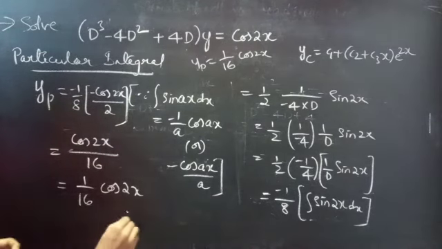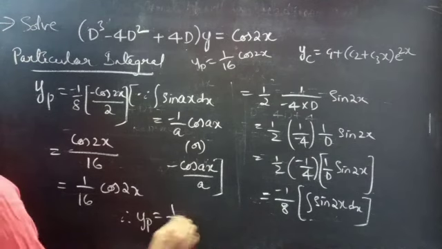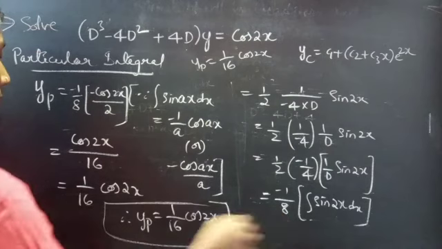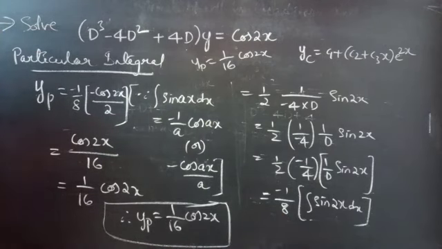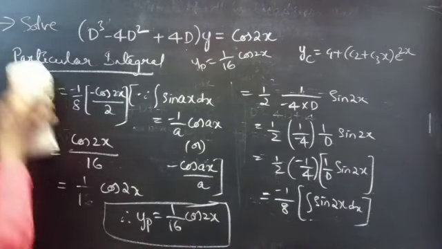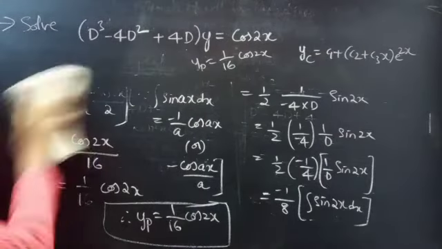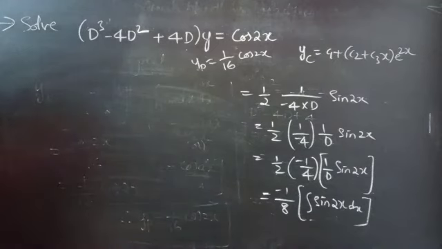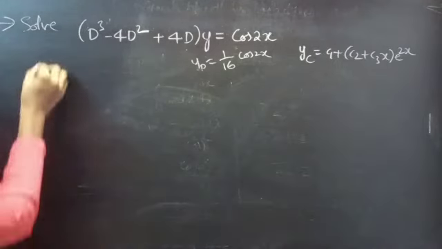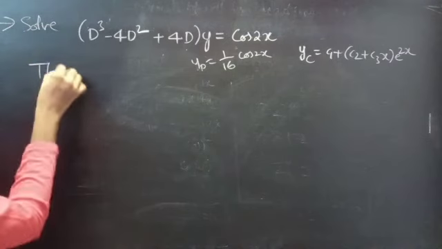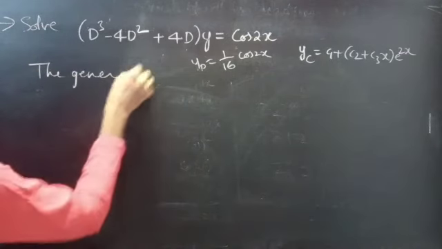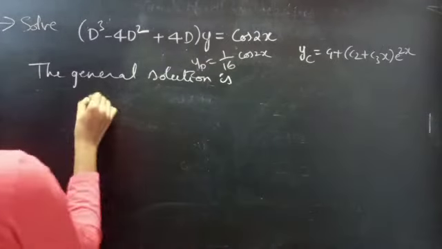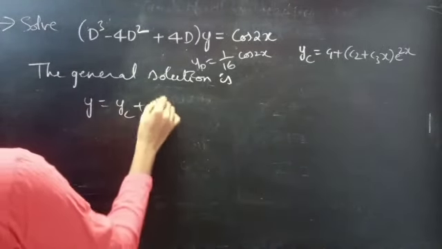Therefore, yp equals 1 by 16 into cos 2x. Now let's write the general solution. The general solution is given by y equals yc plus yp.